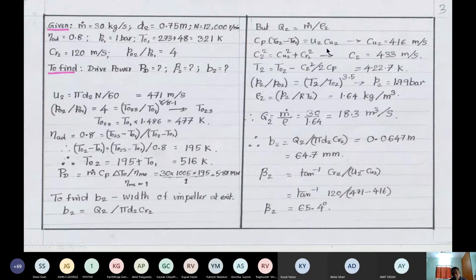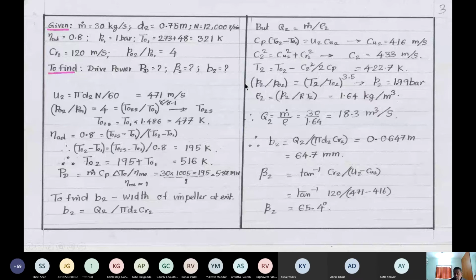Sometimes it will be specifically mentioned that the inlet whirl component is 0, or fluid enters the impeller without any whirl. So from that we can get a clue, and we can finally say that the specific work is only U2 into Cu2. From which we can find out Cu2. Cr2 is given 120, so I can find out C2.